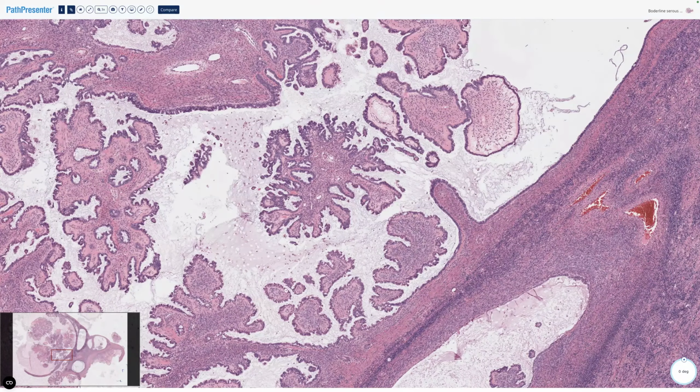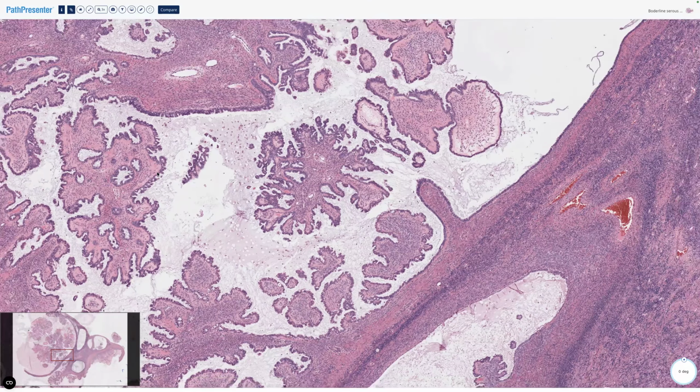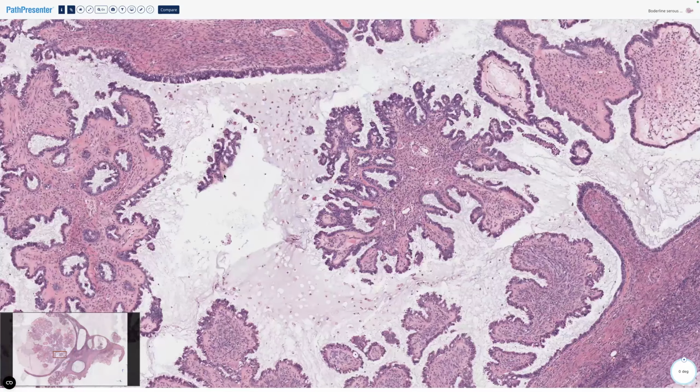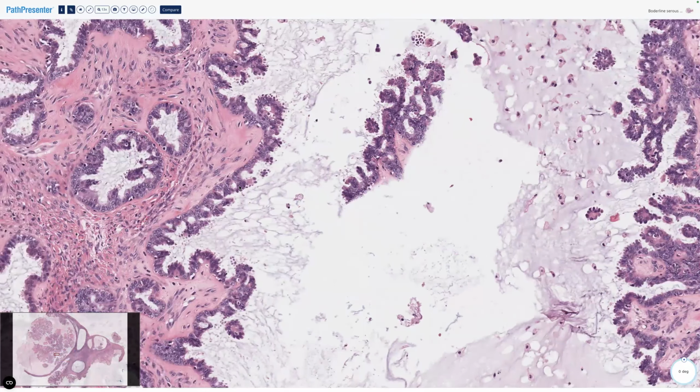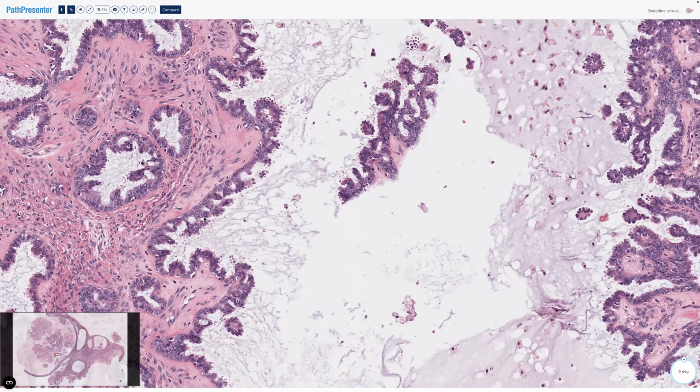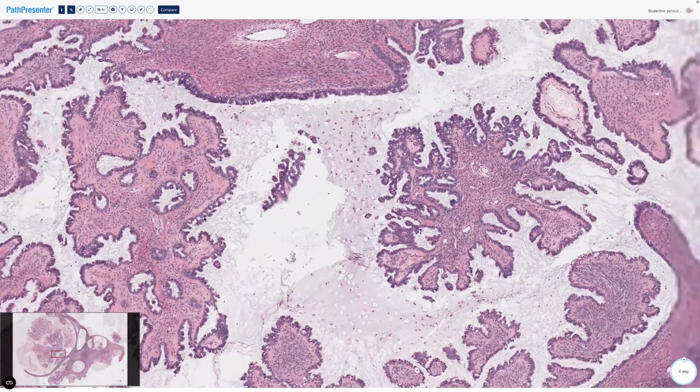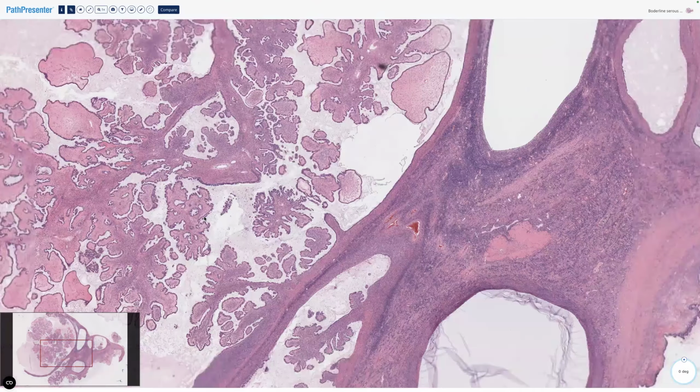So imagine it's like this, but they're about 20 cells long, like forming large villi into the space here. So this is what some people call intraepithelial carcinoma, and other people call unsupported papillary proliferation. But tumors with that pattern have a much higher incidence of spreading outside the ovary.